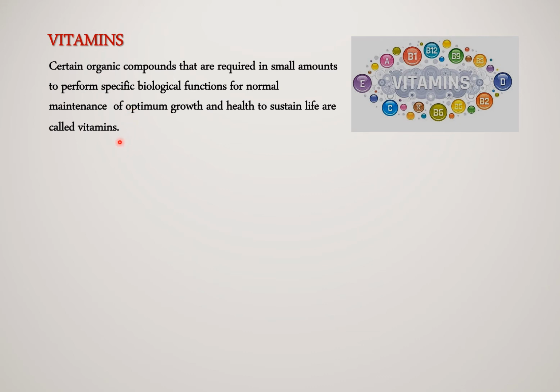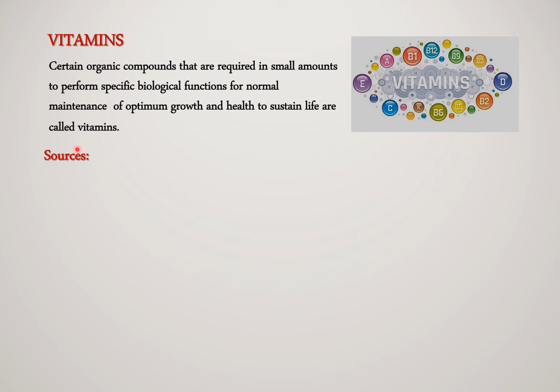Such organic compounds are called vitamins. They are called vitamins because the word was originally coined from the Latin word vita. Vita, V-I-T-A, means life, and vital plus amine was the earlier identification of the organic compound because most of them had amino groups, NH2 groups.